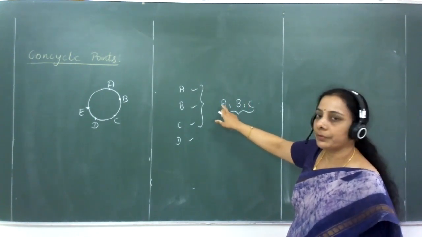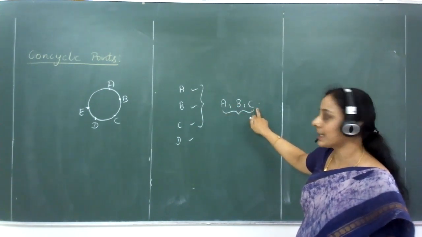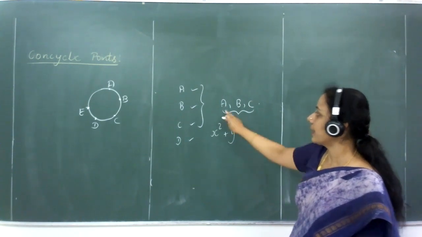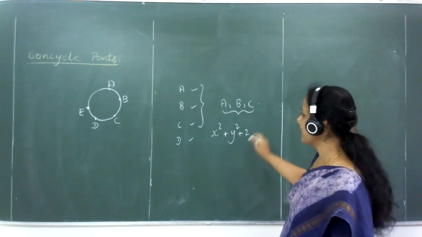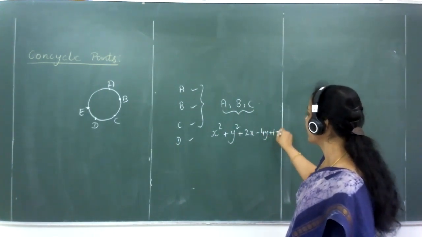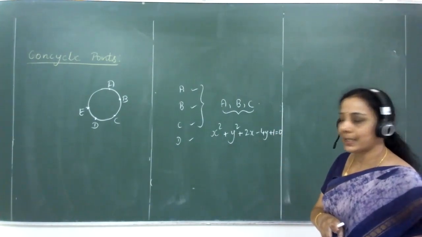So first I will have to find out the equation of the circle passing through the 3 points A, B, C. Let us assume that for particular values of the coordinates of A, B, C you get the equation x squared plus y squared plus 2x minus 4y plus 1 is equal to 0. I have randomly chosen one equation of the circle.